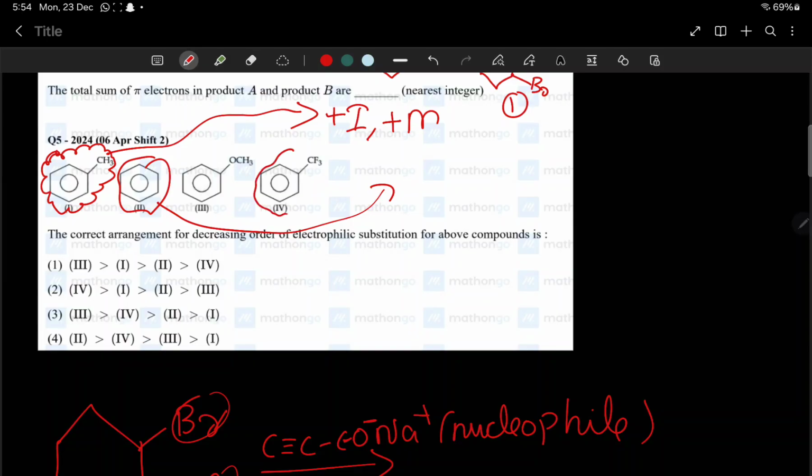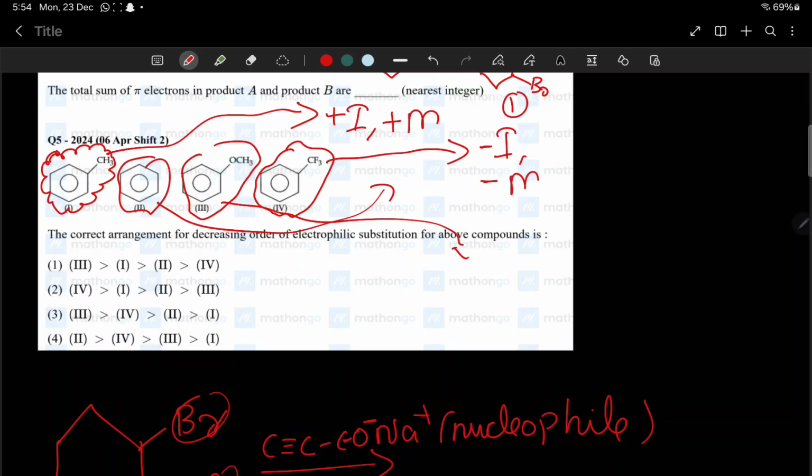This fourth one is very important. C is attached to an electronegative atom, so it will be having minus I effect and minus M effect preferably. But the third one is having hyperconjugation effect.